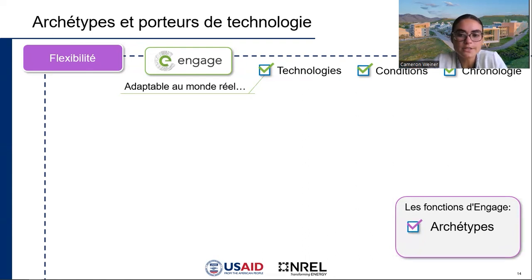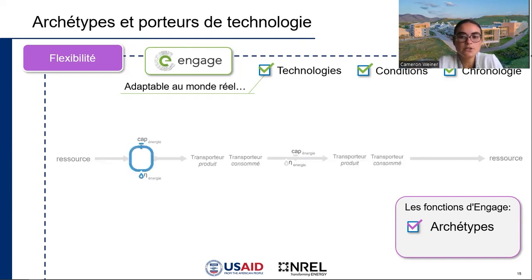The first feature is its use of archetype or general purpose technology representations. Each of these archetype technology representations can be altered by the user to model many different types of technologies and systems, from electrical systems to fuel systems to water systems.